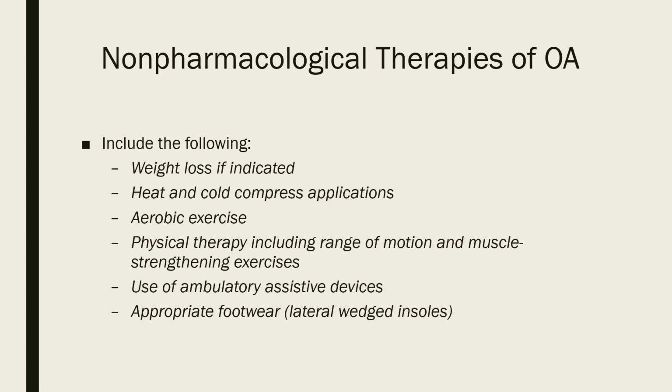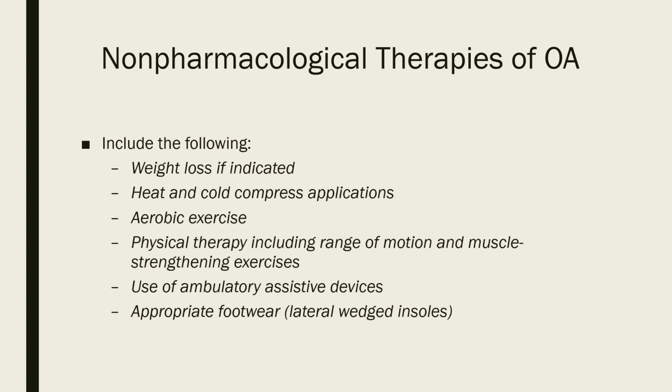So, non pharmacological therapies will include the following: weight loss, if that is indicated, heat and cold compress applications, aerobic exercise, physical therapy, including range of motion and muscle strengthening exercises, the use of ambulatory assistive devices, and then appropriate footwear.